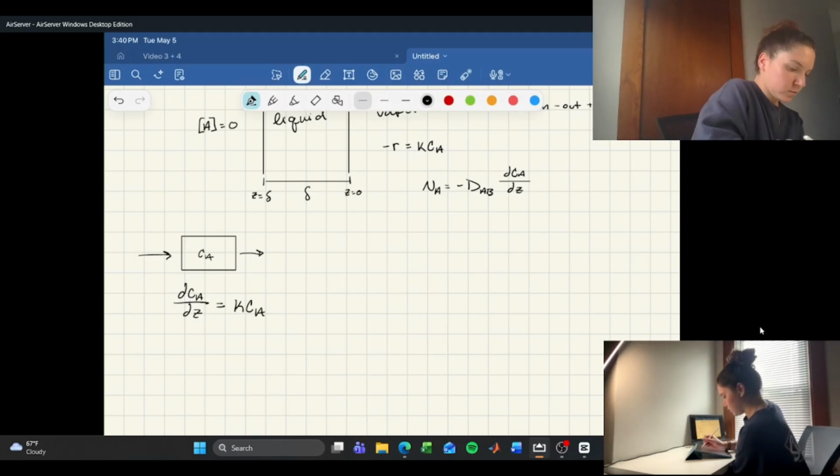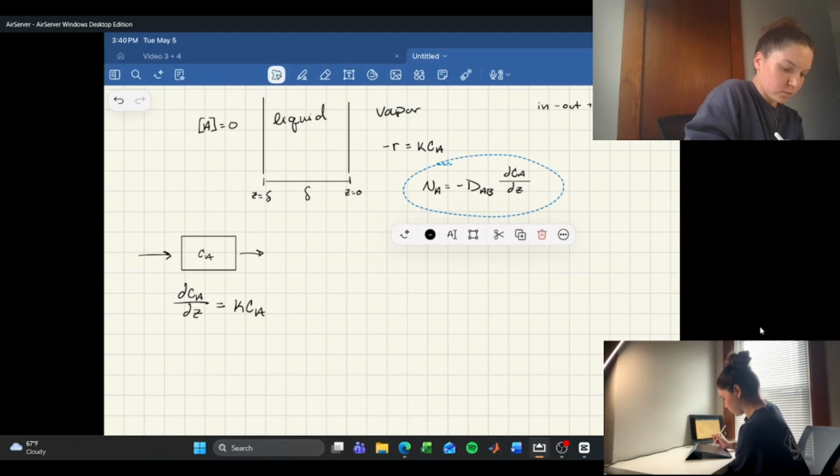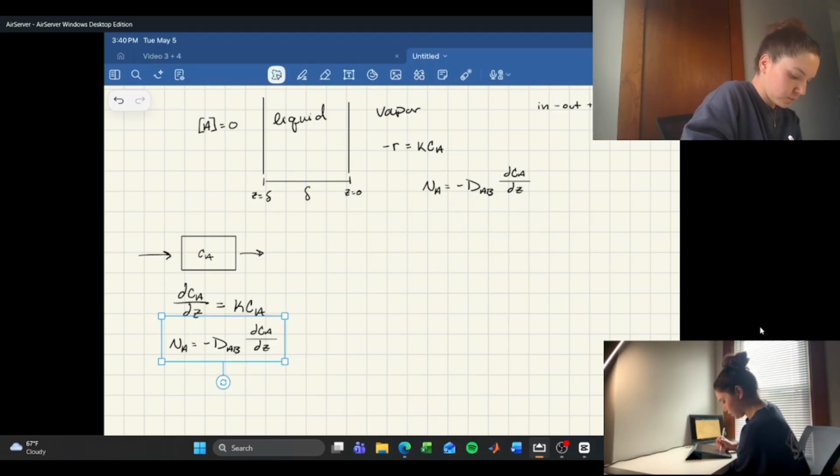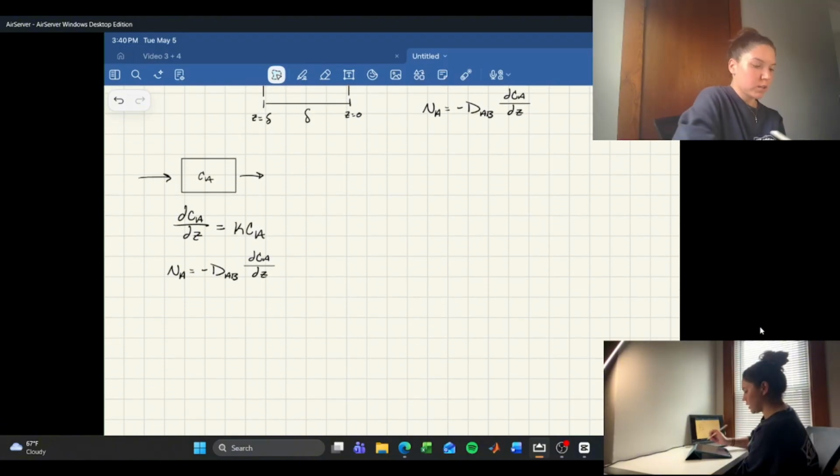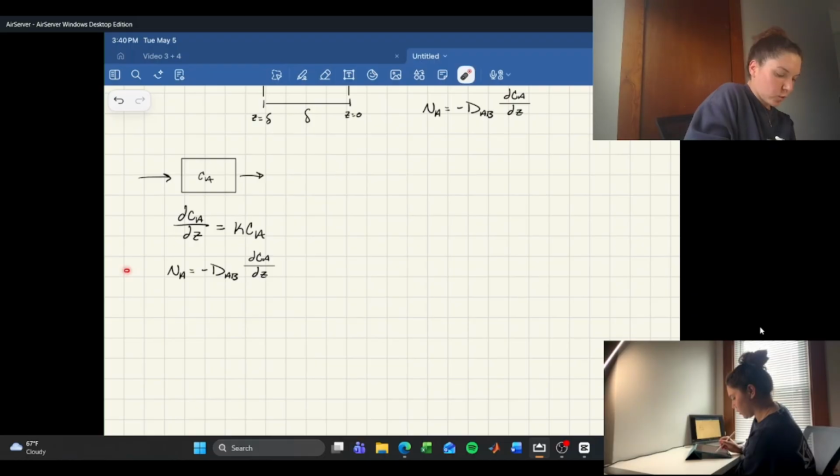So I'll just copy this down to put everything together. Okay. Then for this equation, we want to take the derivative of each side and then set it equal here.